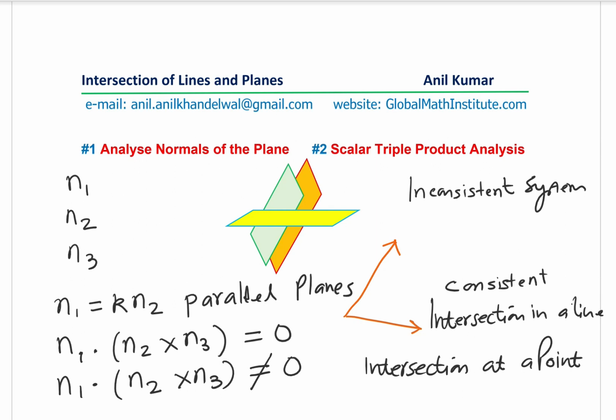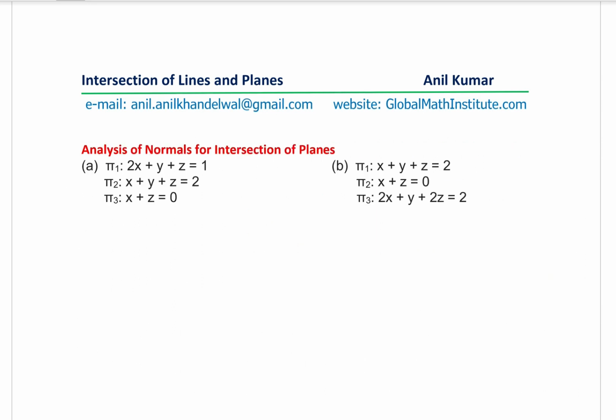Consistent means that they all intersect either at a point or in a line, right? So this is consistent, and inconsistent means they all do not intersect, right? So the other condition could be that we have a prism. So they intersect like a prism. We'll actually see this condition also. Perfect. So now let's take these examples and then we'll further elaborate on the same.